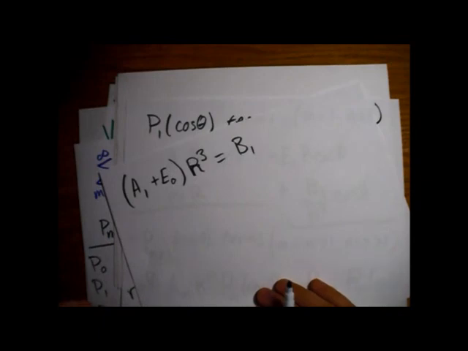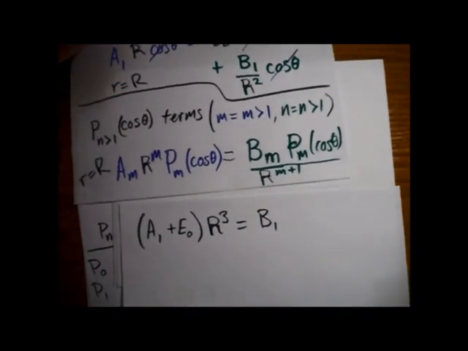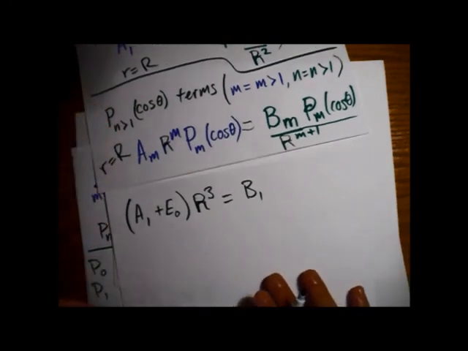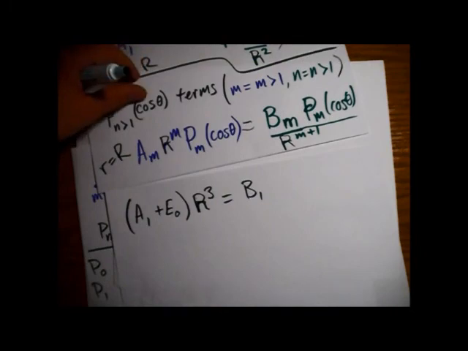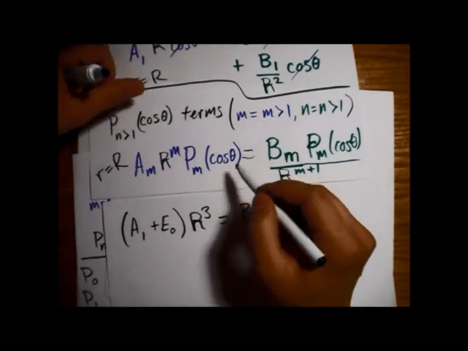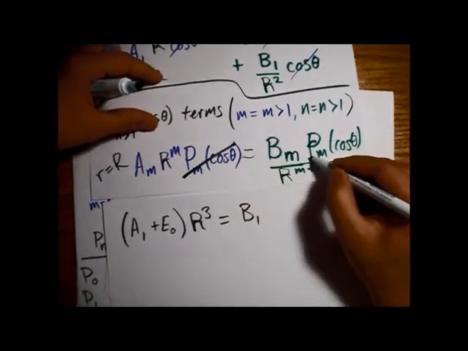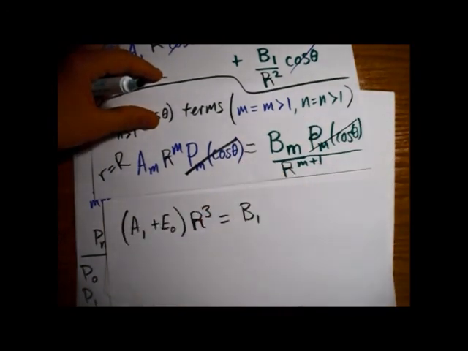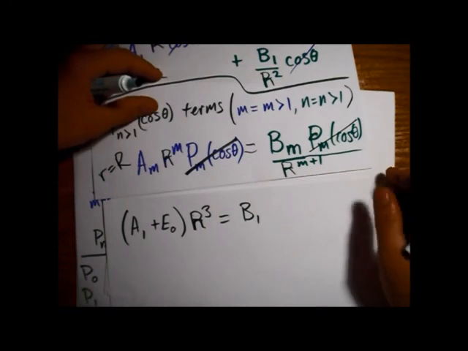Alright, what's our other? Well, now we go and we work with these here. So, let's see what we can do with this. Well, the Legendre polynomial is going to be the same for each of these equations. So that can divide out.